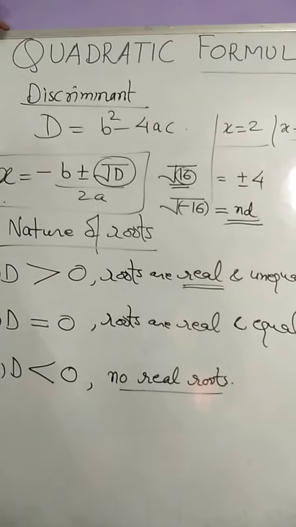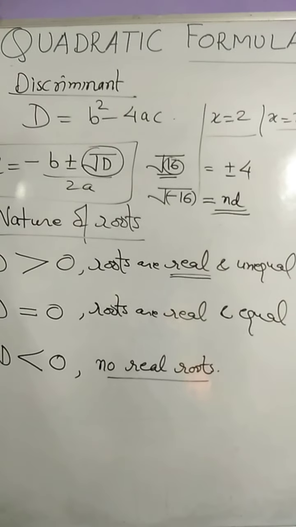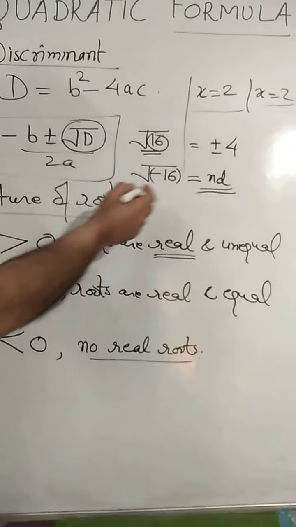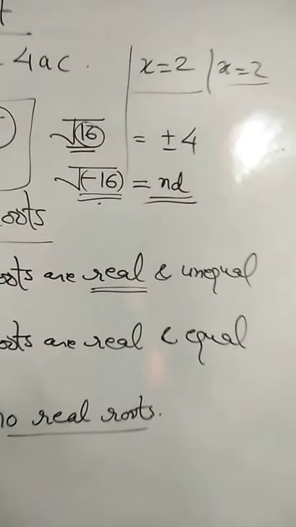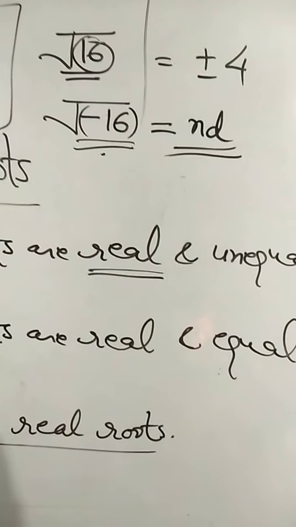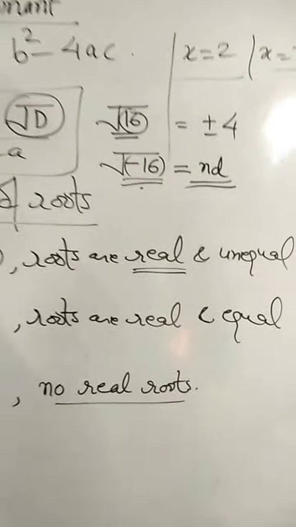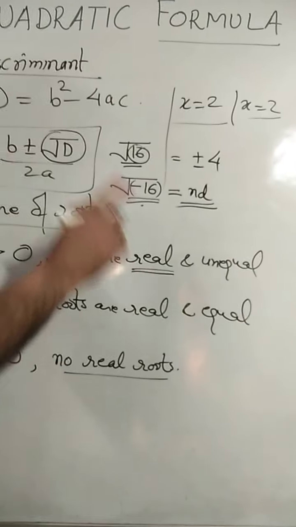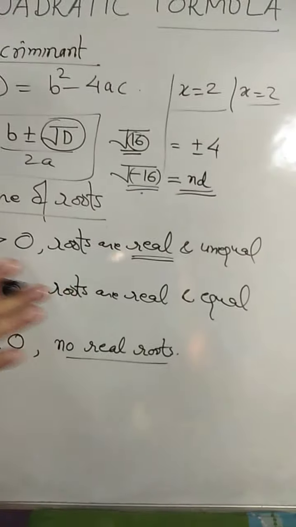They are called imaginary numbers or also called complex numbers. In that class you will deal with these type of numbers, but it is beyond the scope of 10th class. सो 10th क्लास में तो हम सिंपली ये बोलेंगे कि स्क्वायर रूट के अंदर अगर नेगेटिव साइन है तो वो टर्म इज नॉट डिफाइंड.